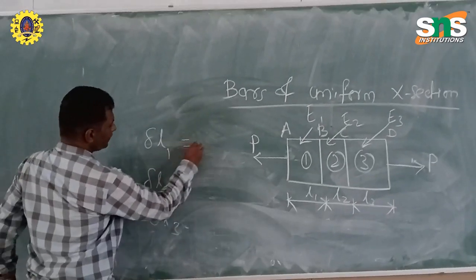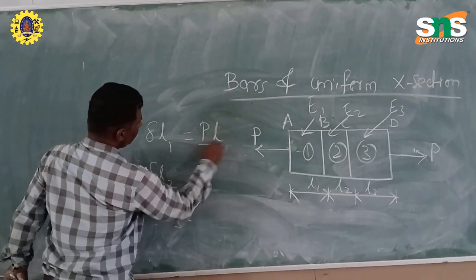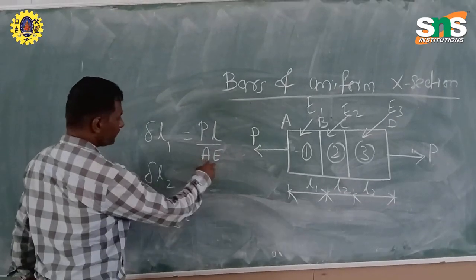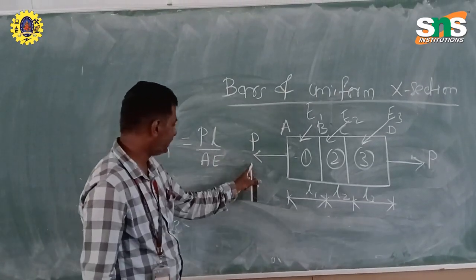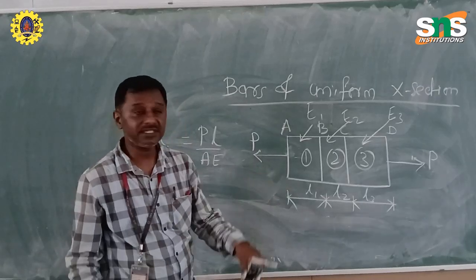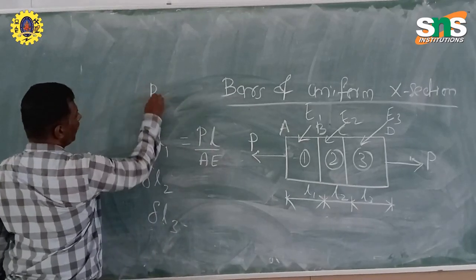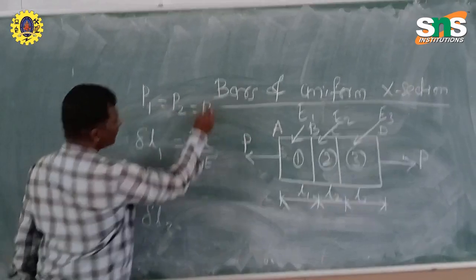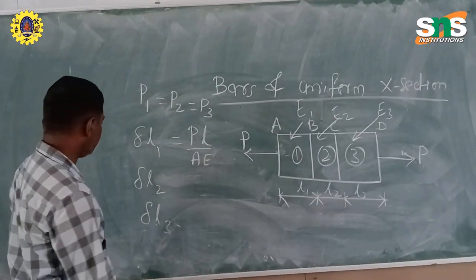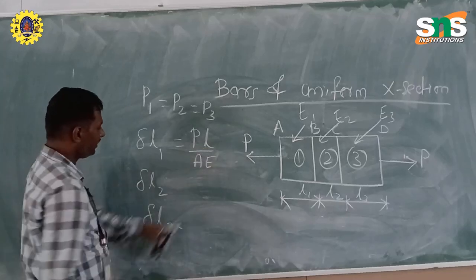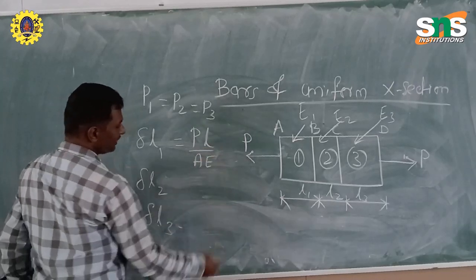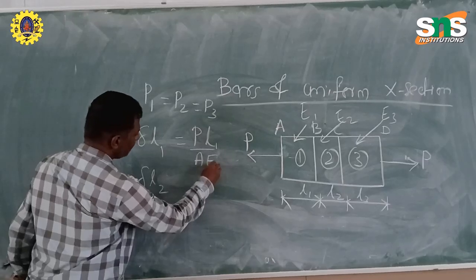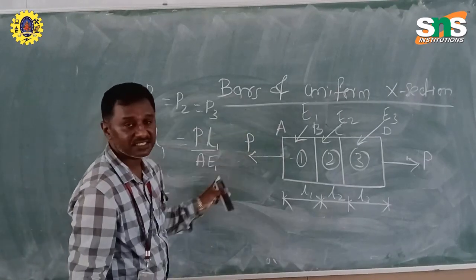Since I know that delta L equals PL by AE, and here the load is added by a single load, it is constant. That means the load at section 1, section 2 and section 3 are all equal. So for the first section the length is L1, the first material is E1, and the area is the constant cross-sectional area.